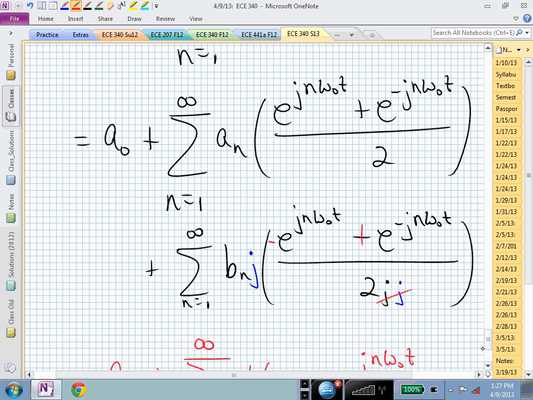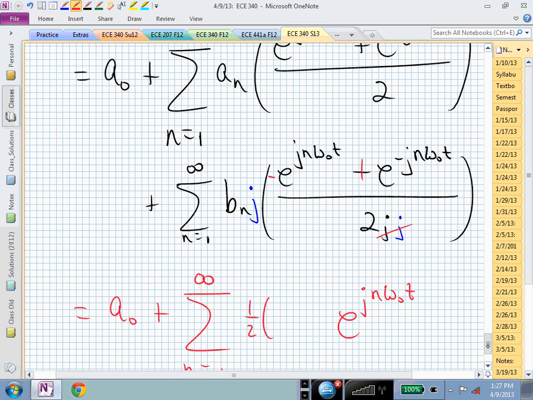And then I have an a sub n in the first one, and I have a minus j b sub n in the second. Here's the minus, that was in red, the j in blue, and the b sub n. And that's scaling e to the j n omega naught t. And that 2 is common to both the a and the b.